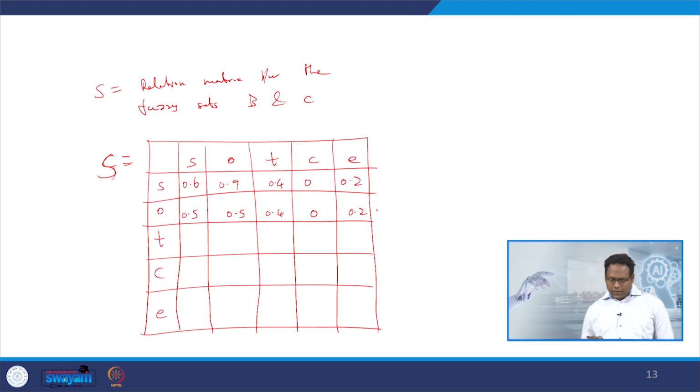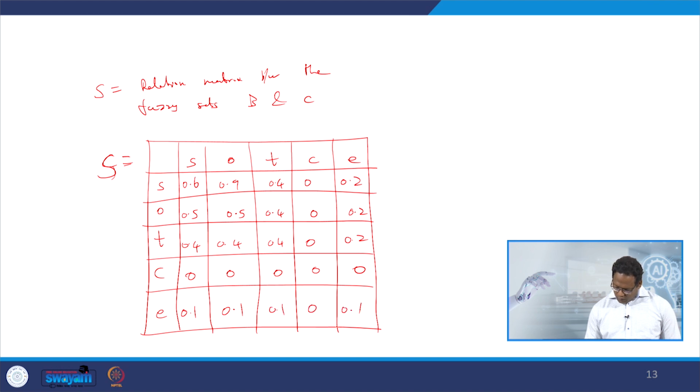The third row of the S matrix is 0.4, 0.4, 0.4, 0 and 0.2. For circle, all the elements are 0, and finally the ellipse row gets 0.1, 0.1, 0.1, 0 and 0.1.